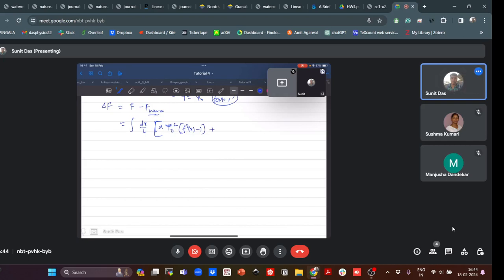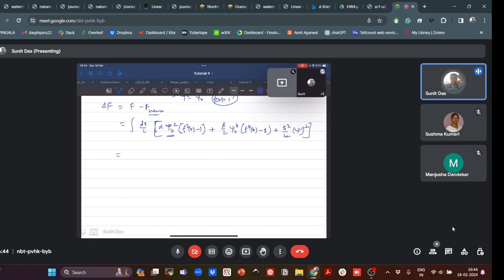Then beta by 2 psi 0 to the power 4 times f to the power 4 x minus 1, plus this will be simply h bar square by 2m psi prime square.